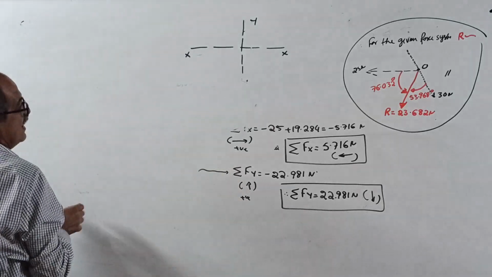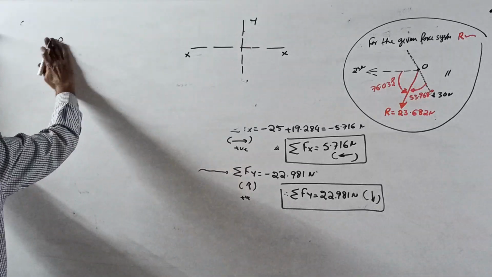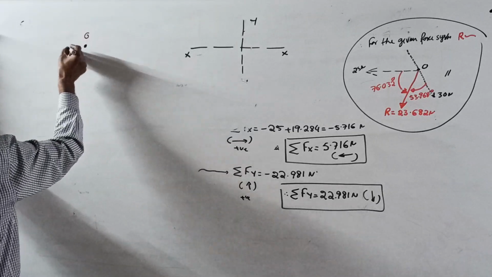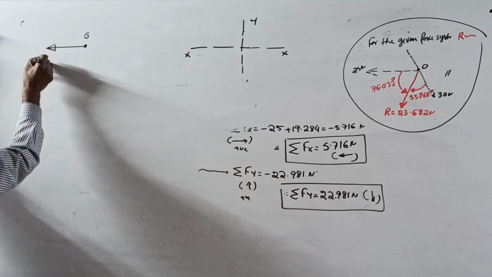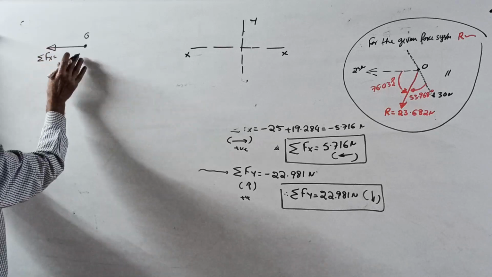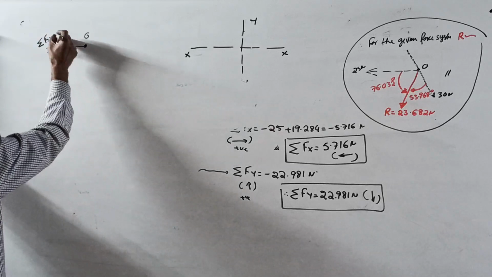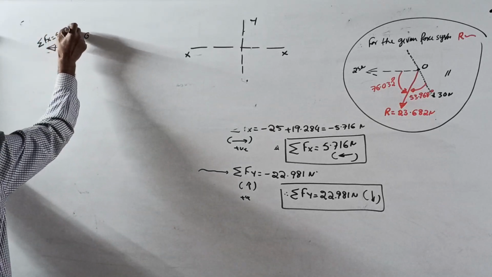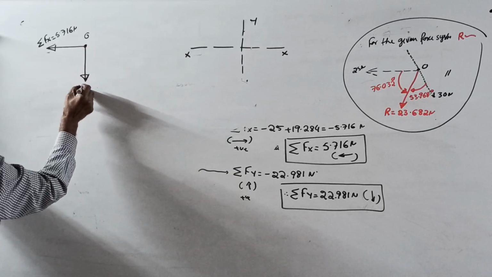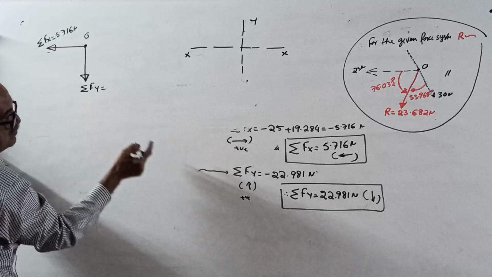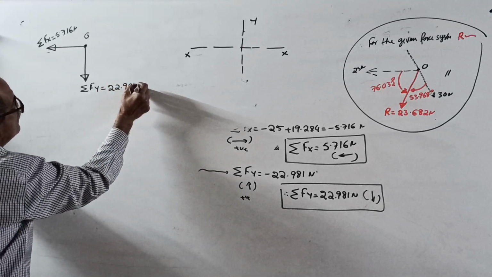Therefore, right here, through the point O, there is a net force in the left side direction of sigma Fx equal to 5.716 Newton, and a net downward force sigma Fy of 22.981 Newton.